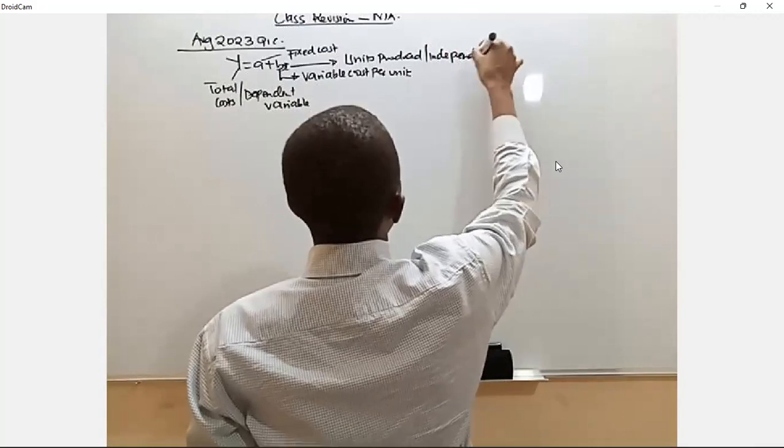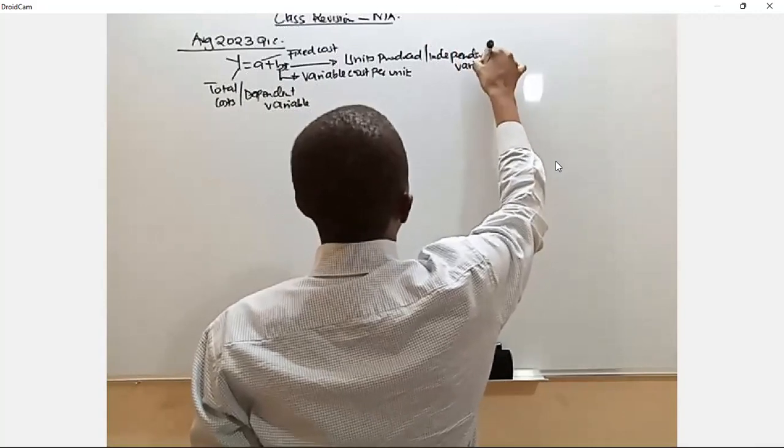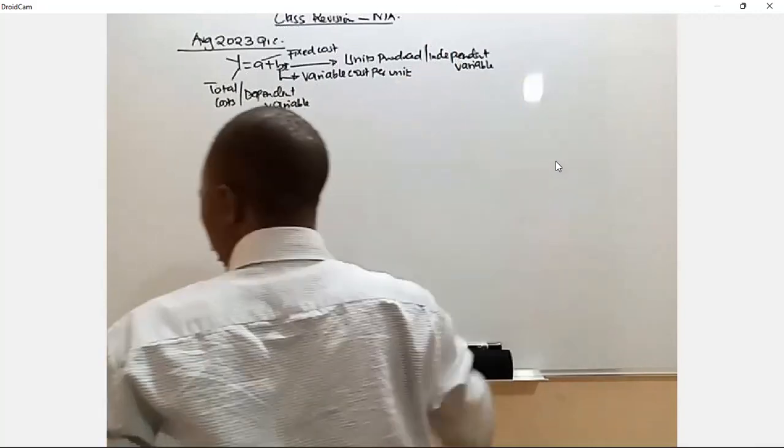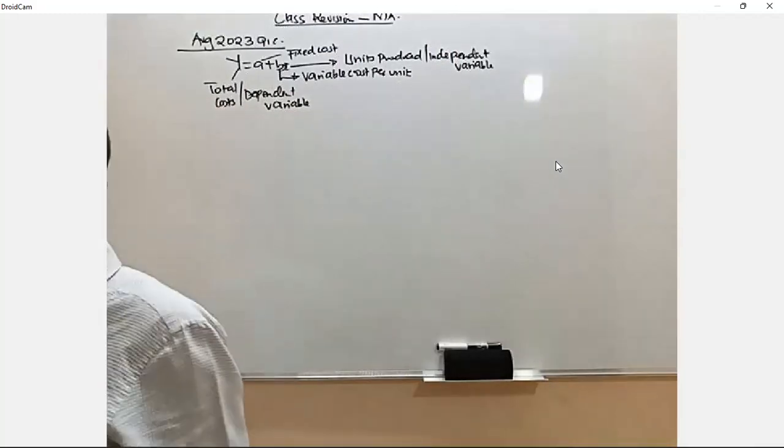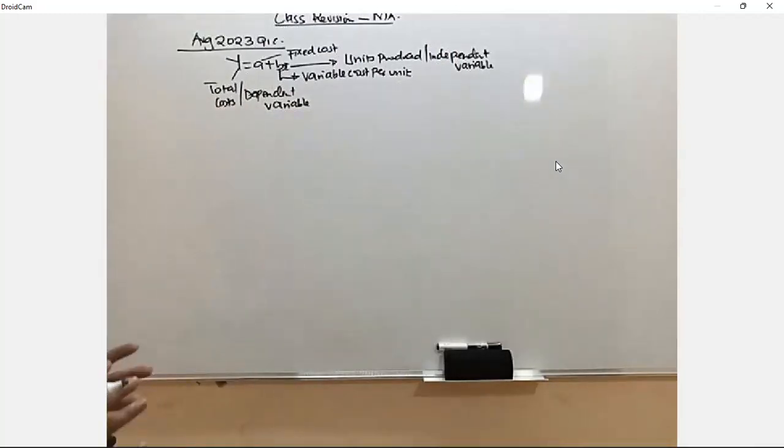So it means the machine hours should be the independent variable, because the more time we run, the more machine expense we are going to incur.